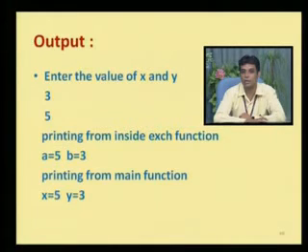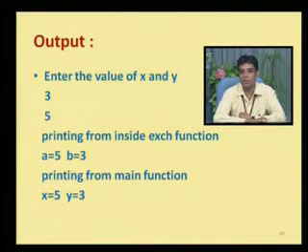We enter the values of x and y as 3 and 5, and print from inside the function. Swapping is done: the value of A was 3 and now it becomes 5, and the value of B was 5, now it becomes 3.